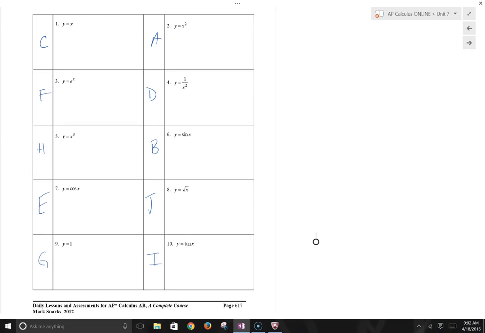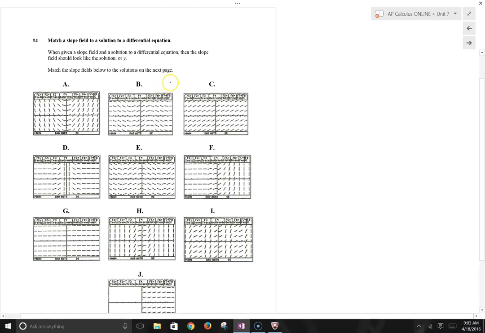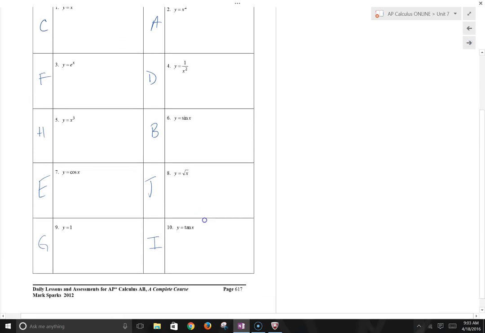If there was some confusion about E and B, 6 and 7, sine and cosine, these ones look so much alike. And if you don't remember which one is which, another way you could do that without just looking at the graph would be to find out, well, where is this function at 0?